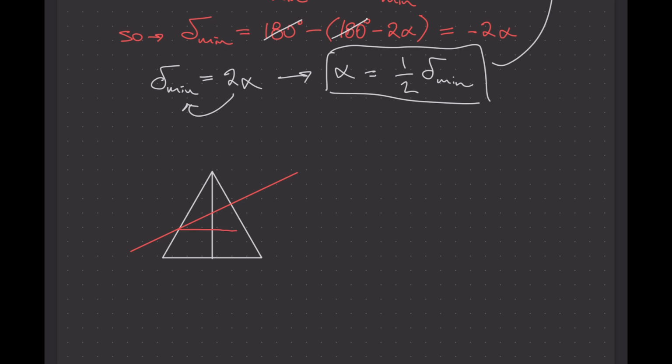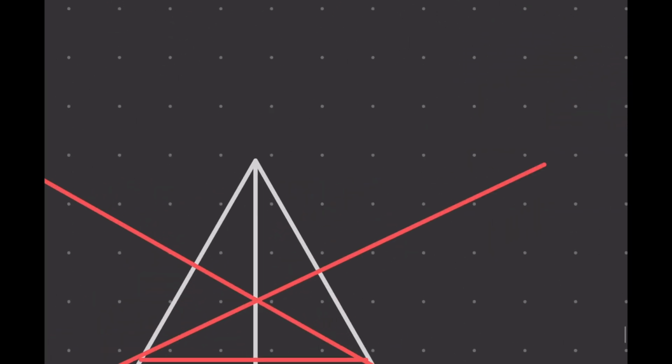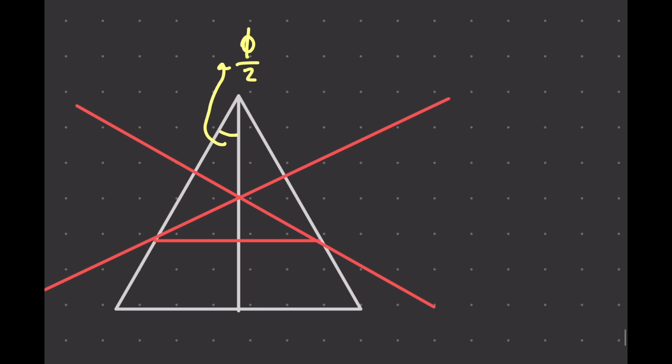The light ray refracting and going like that. And then the outgoing light ray, like this. And they intersect like that in the middle. Okay. So we have this angle over here, which is phi over 2.